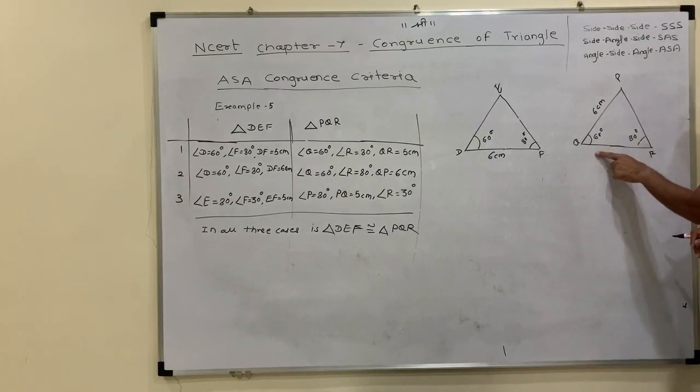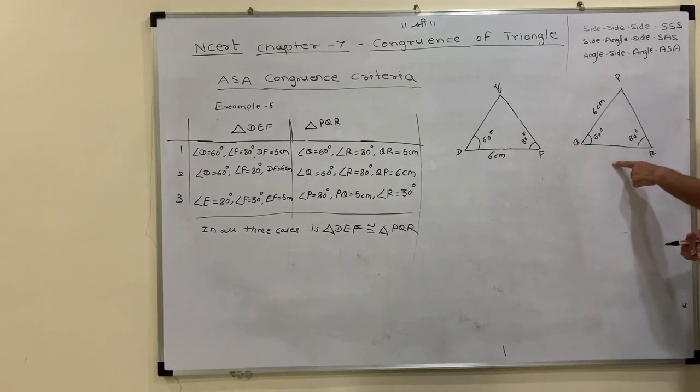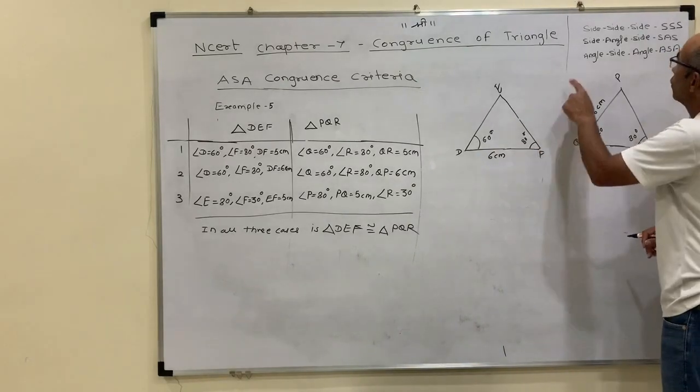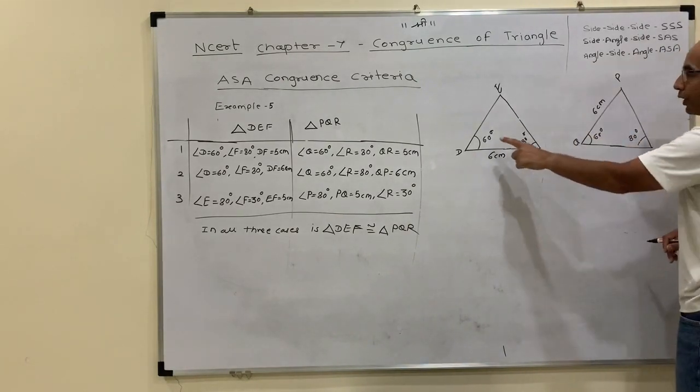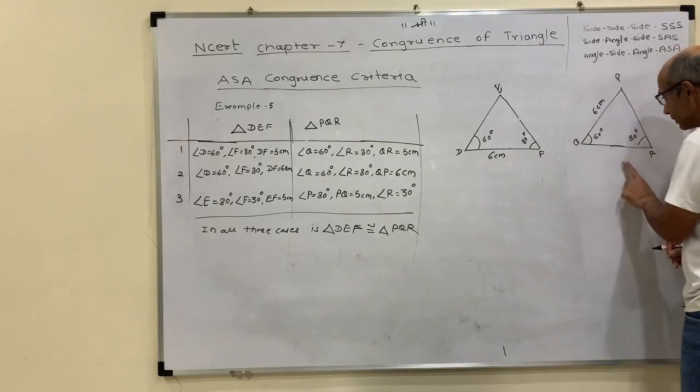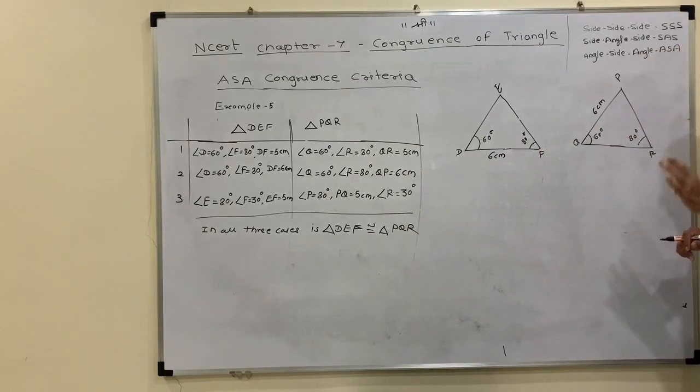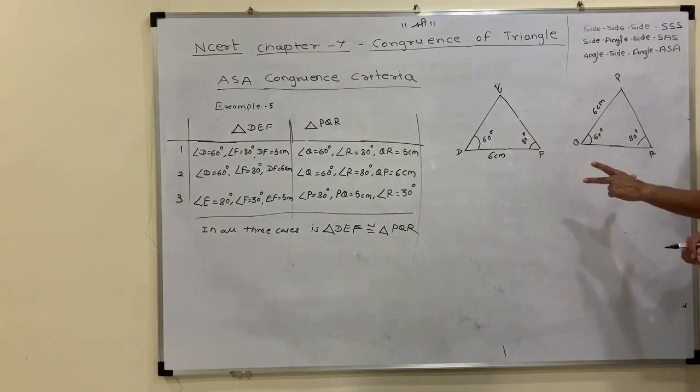So we are not sure whether this side and this side will be equal or not. To use the rule angle side angle, we need to have angle, then side and then angle the same, which is not the case in these two.